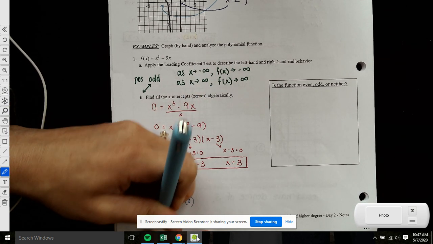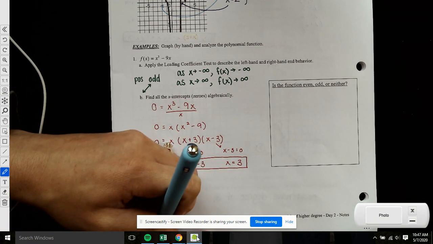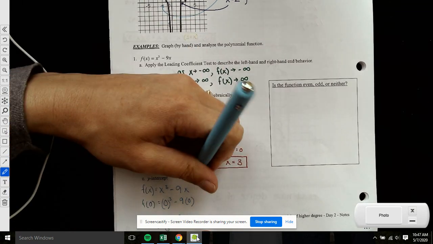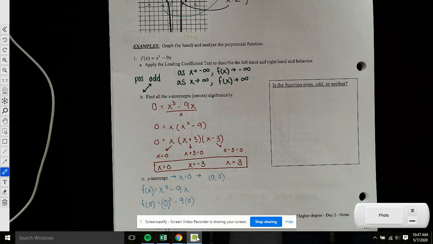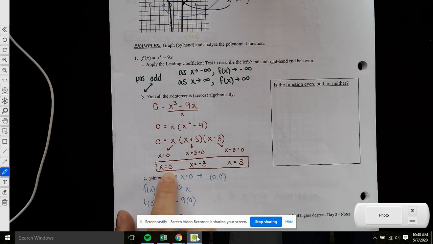I get 0 minus 0, which is 0. So the y-intercept is going to be 0, which makes sense because x equals 0 is one of my x-intercepts.